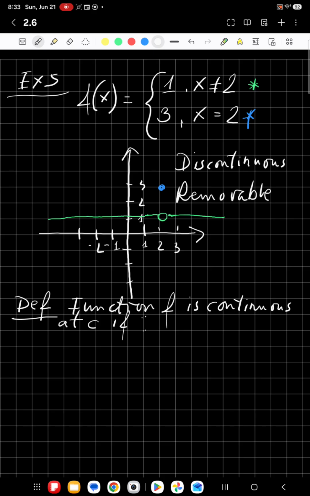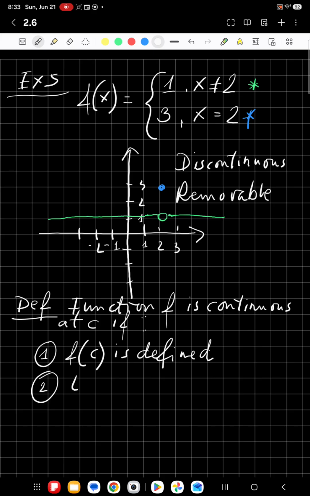Okay, so the first one is the function must be defined at that point. So f of c is defined. Number 2, the limit exists. Limit with x approaching c exists.